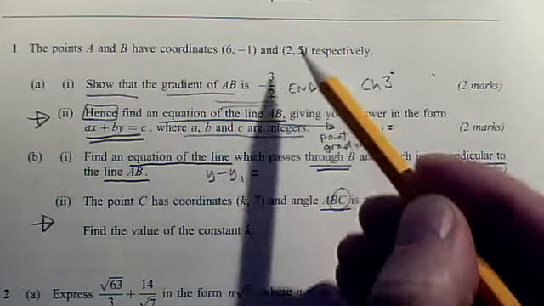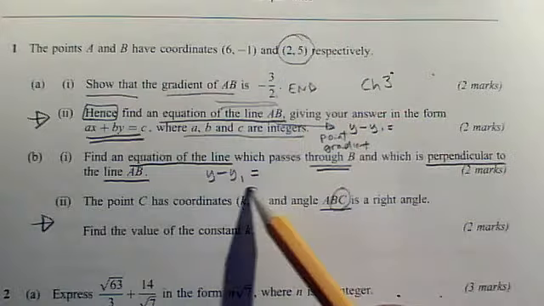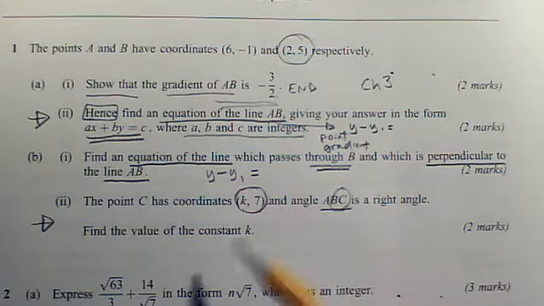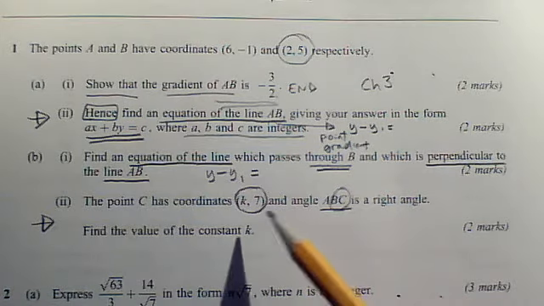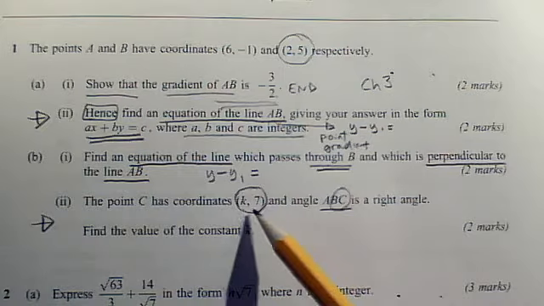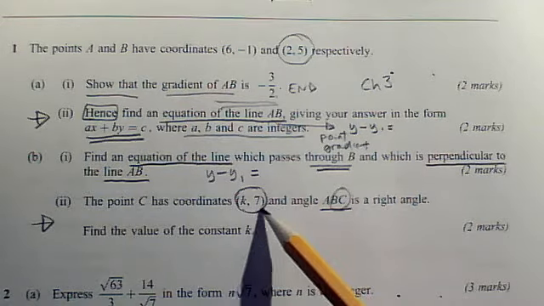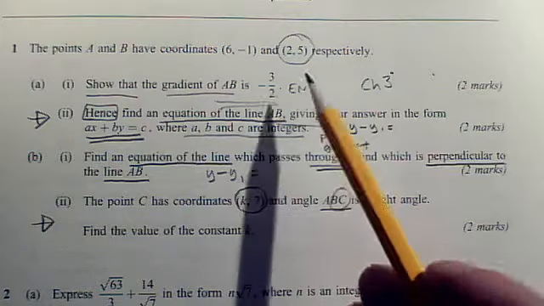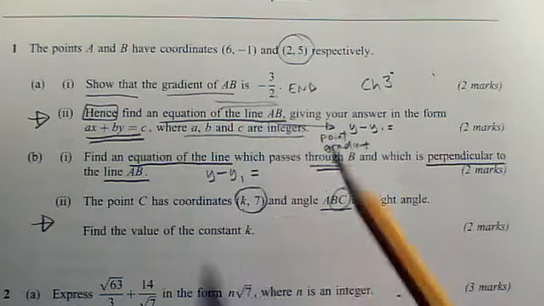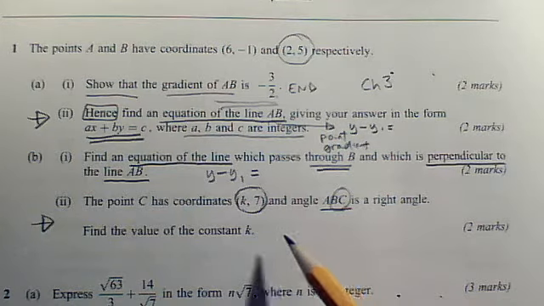What you can do is take the coordinates of B and these coordinates of C, and maybe helped by a diagram, you can set up something with k's in it that would tell you the gradient of BC. And you know you want that to be perpendicular to this gradient here, so set up an equation with k's in it and solve for k.